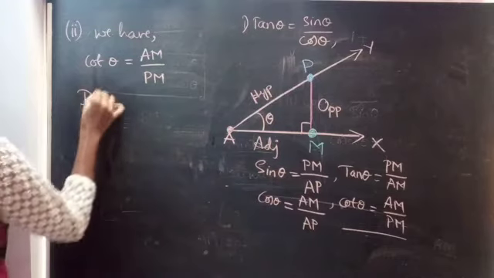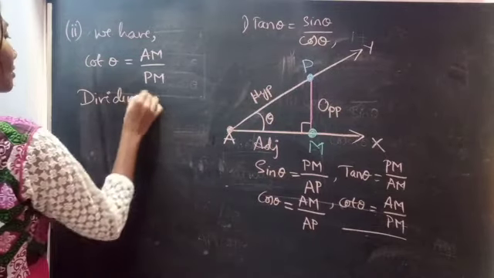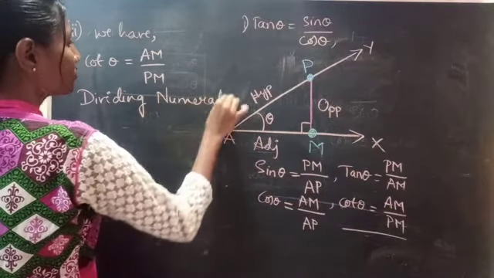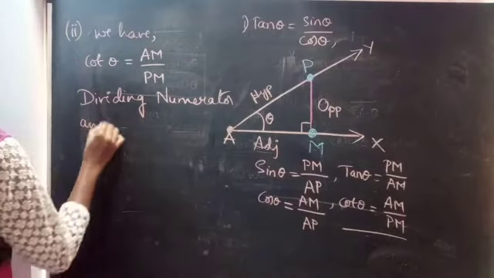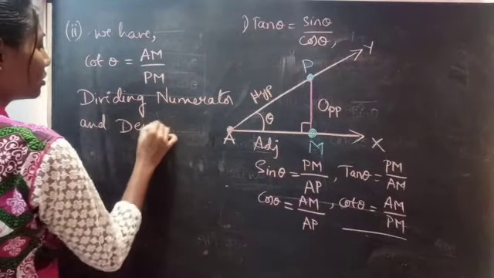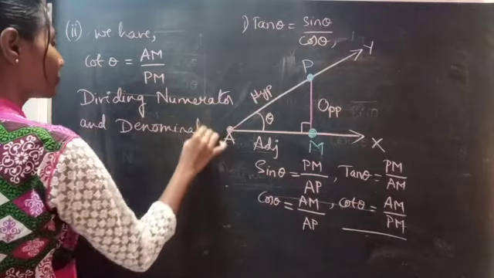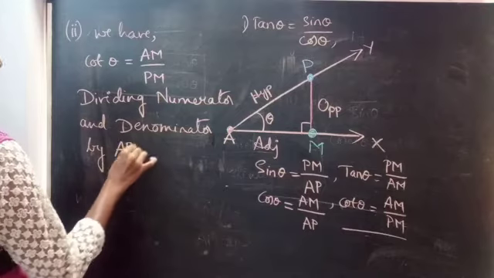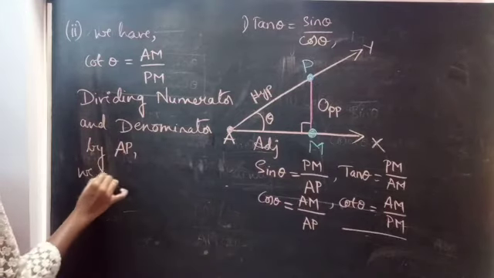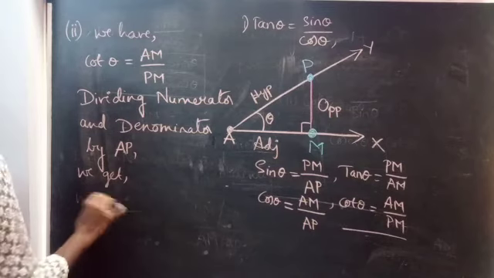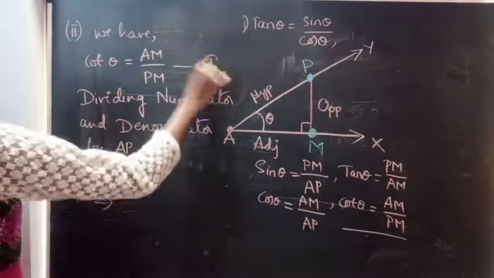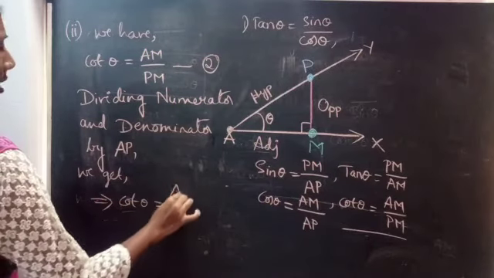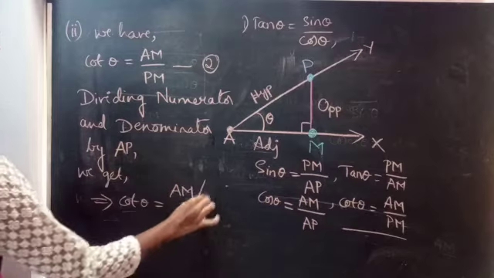Now, dividing numerator and denominator by AP, we get, consider as equation 2, cot theta is equal to AM by AP.